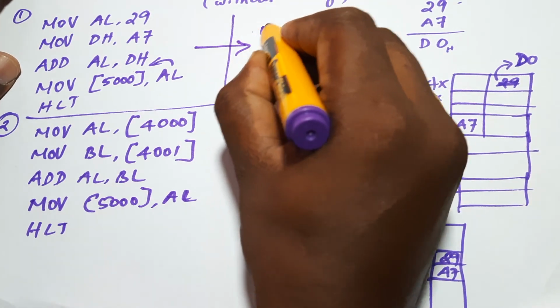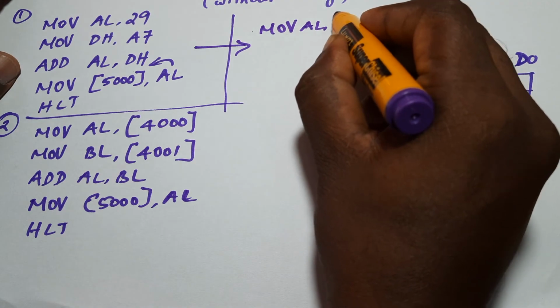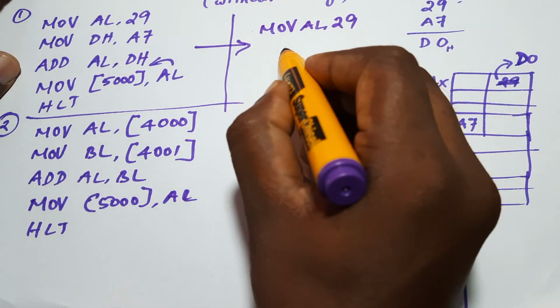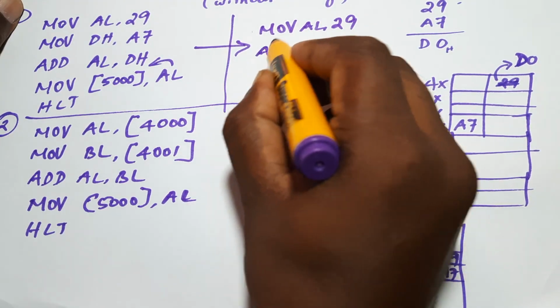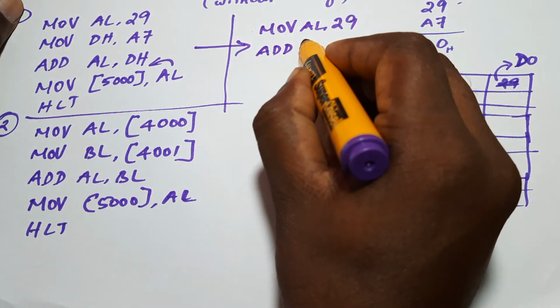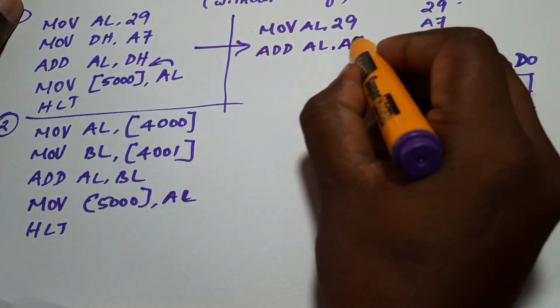So that is move AL comma 29. The first value I have taken, so here I have taken immediate addressing mode. The next one is directly, instead of moving into another register, I am just adding AL value directly with A7.